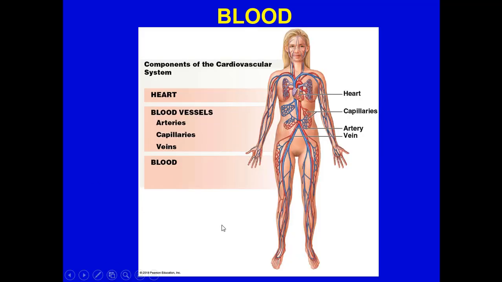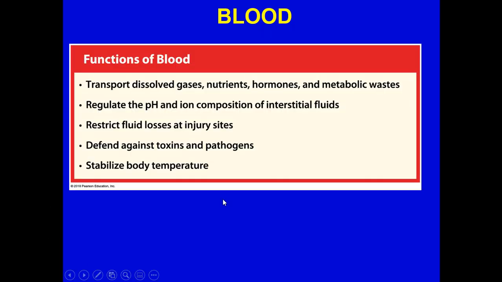If we look at the components here, you can see where the pump is, the heart, the vasculature, which is both arteries, veins, and then, of course, in the local areas, capillaries, and then, of course, blood itself. As I've mentioned, these 5 points I strongly urge you to review and take to memory, okay?